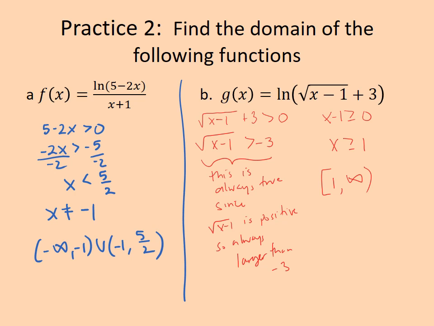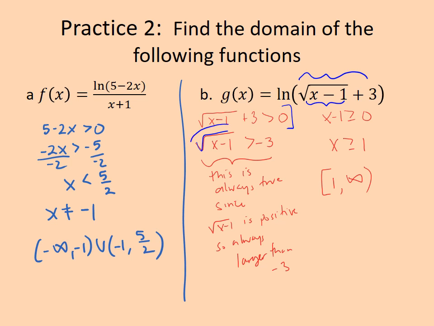These examples have already been worked out for you, but one thing to note on practice B is you have to deal with both what's inside the log, which must be greater than 0, and what's inside the even radical, where x minus 1 is greater than or equal to 0. When you solve inside the logarithm, you discover that the square root of x minus 1 is greater than negative 3.